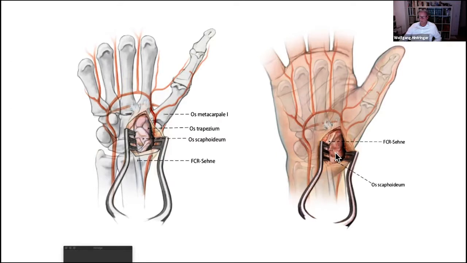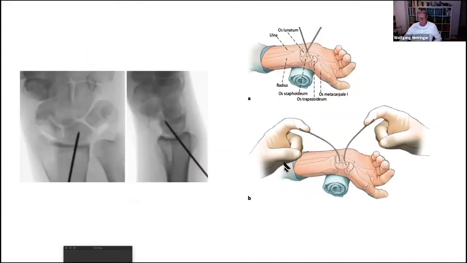That's important, because you know that ligaments support the waist of the scaphoid and bring it up in extension. You have to suture them.